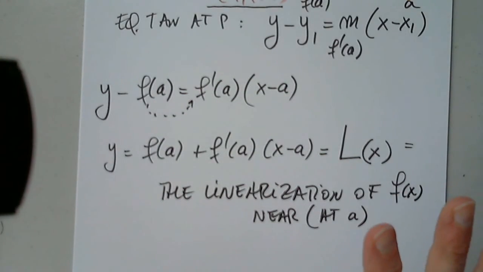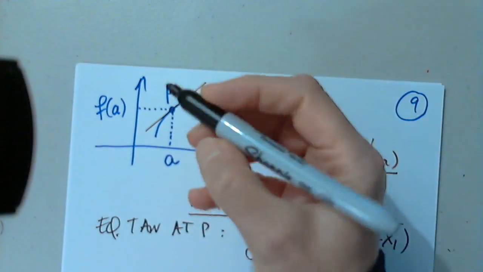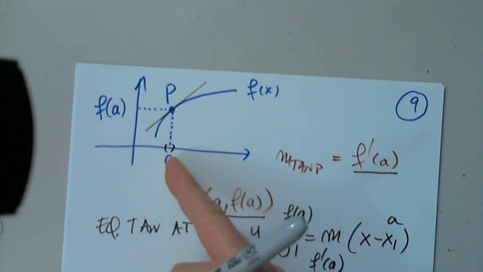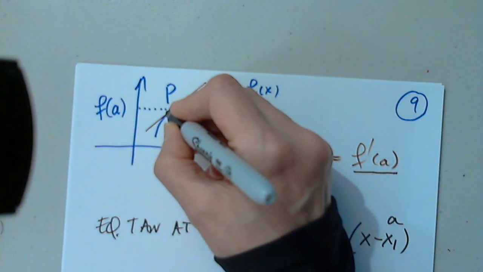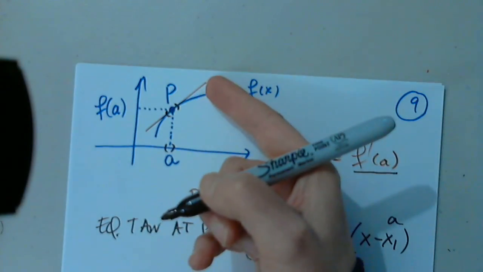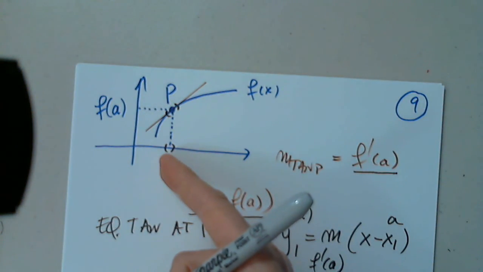So what am I saying with this? I'm saying that if you need to approximate the function very close to A, you will not encounter a huge error if you evaluate the equation of the line at that value.